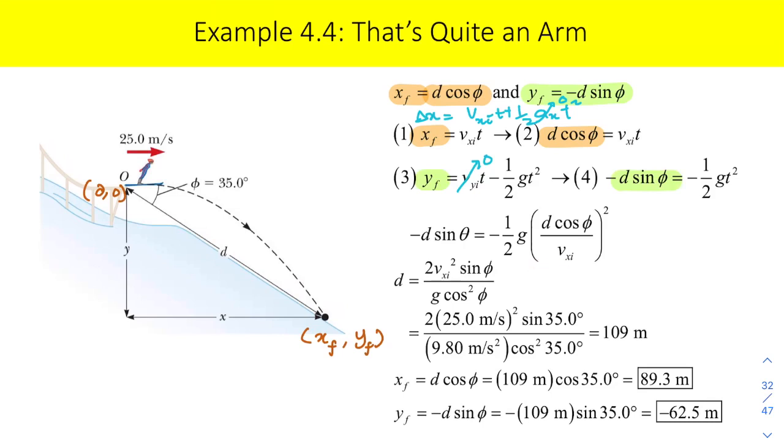Then rearrange, equate this equation and this equation, substituting the t as our interest. You might need to use some prior knowledge of trigonometry. You have t, 109 meter, x final equivalent to 89.3 meter, y final equivalent to negative 62.5.